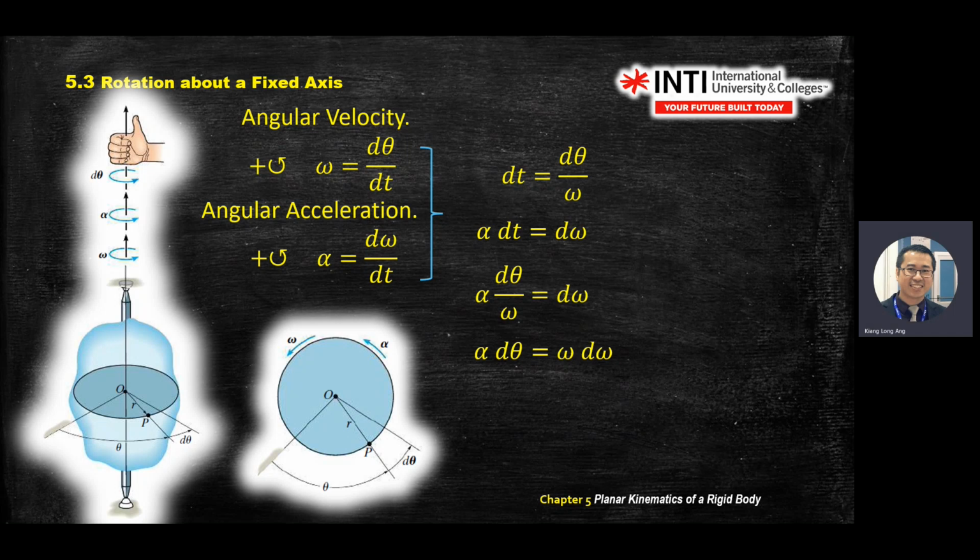Then I arrive at one equation: omega d omega equals alpha d theta.